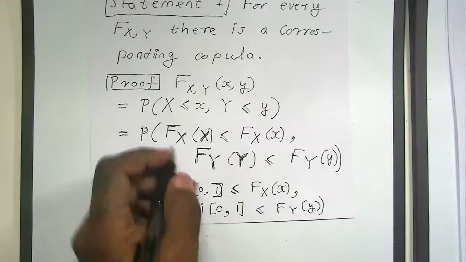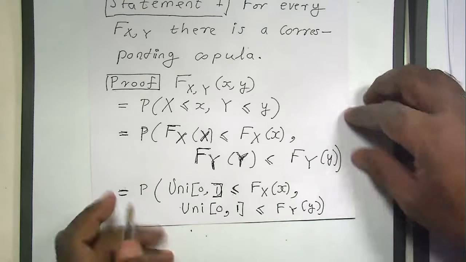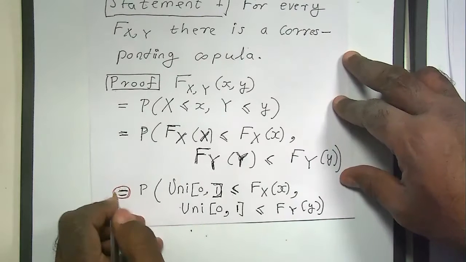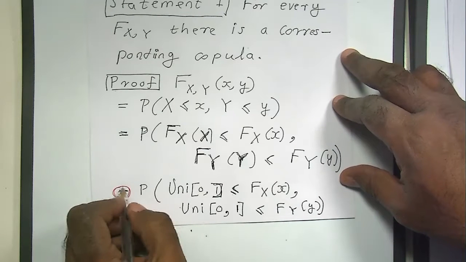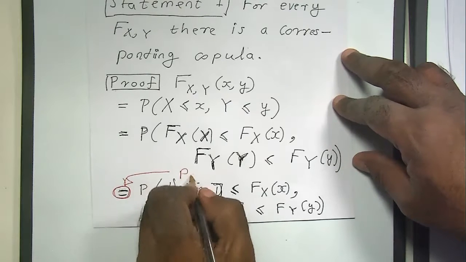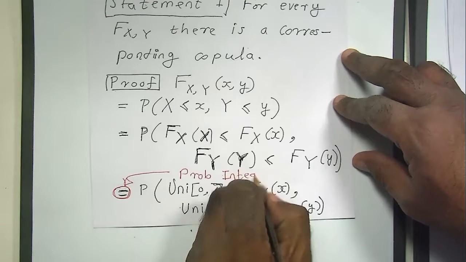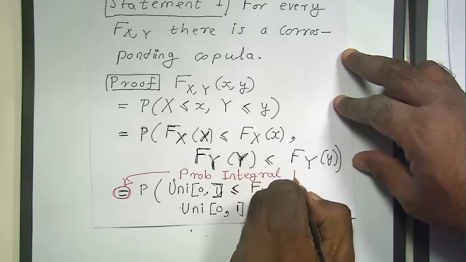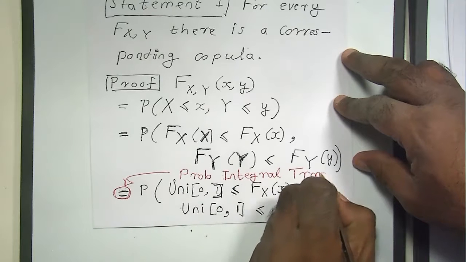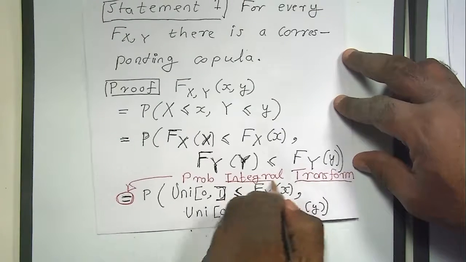Do you know the fact that when you take the CDF of a random variable, what you get is a uniform random variable? This is known as the probability integral transform. Had you heard about this term before?